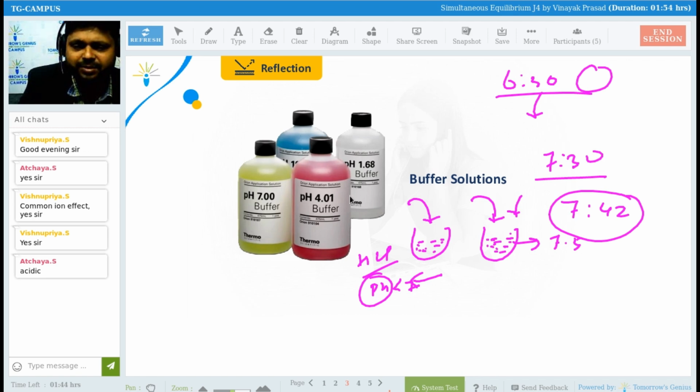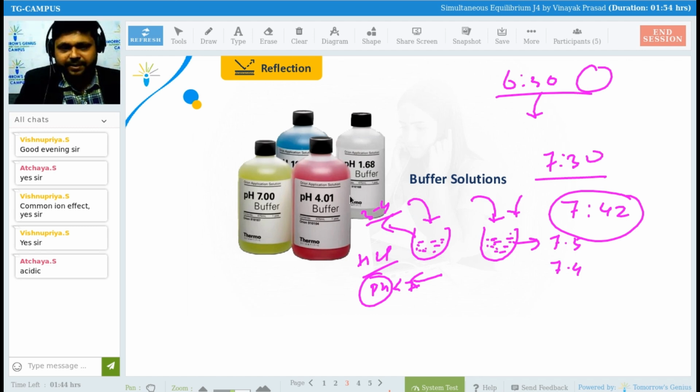There will be a decrement to around 7.4. But if you add HCl to water, the pH will go to around 3 or 4. Getting my point? So what is a buffer? Can you think and tell me, will it resist a change in the pH or not?